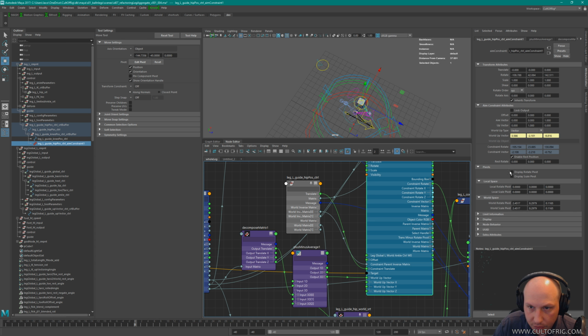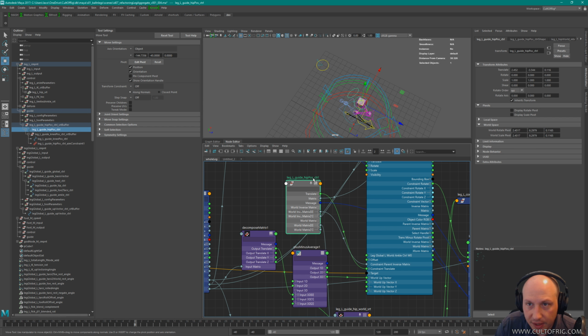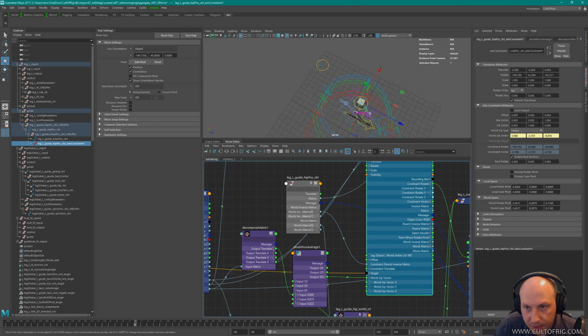Anyway, so where do I even find it here? Constraint translate. I would like to zero it out. That said, let's see what happens. If I even remember where it is in here. What the?